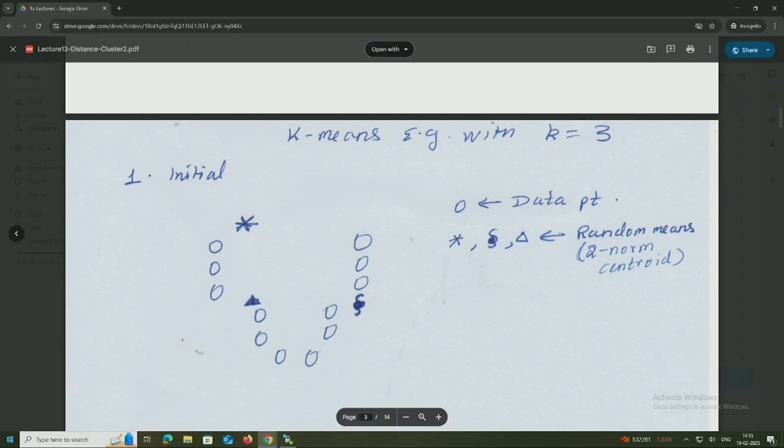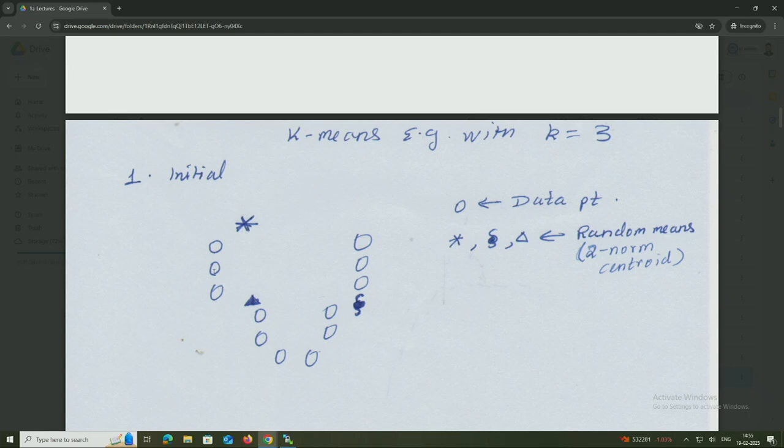If you look at this figure, you can guess that these 2 points are probably closer to this, these 3 are definitely closer to this, and these 6 are closer to this. That is the first step: it partitions the data points based on the randomly initialized means.